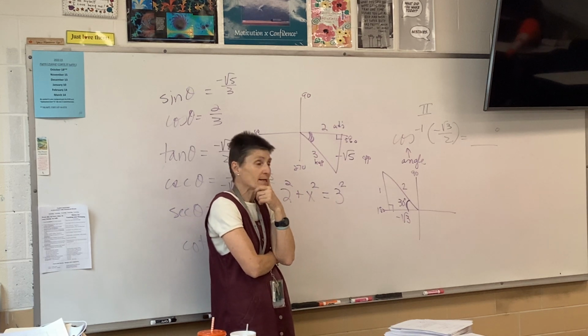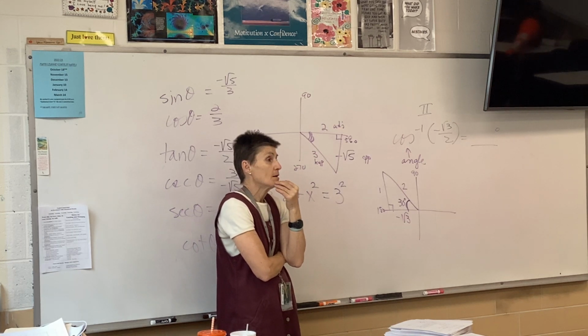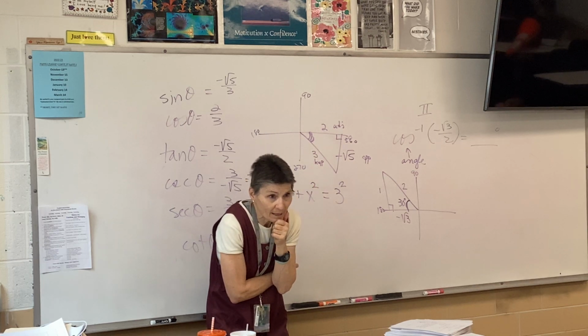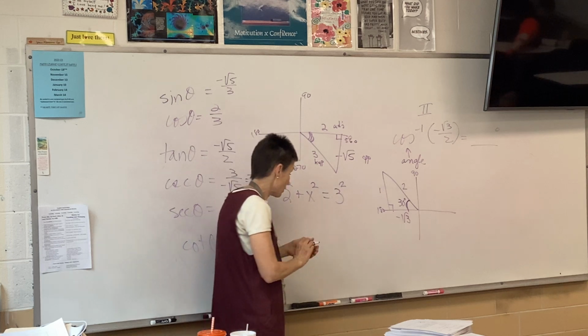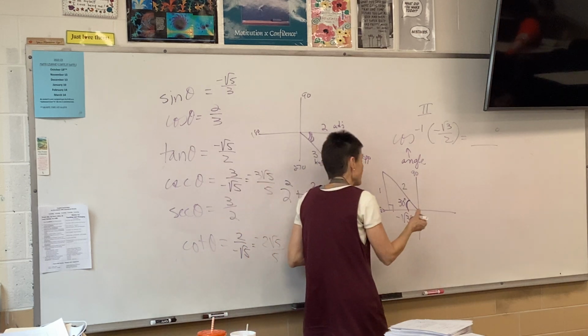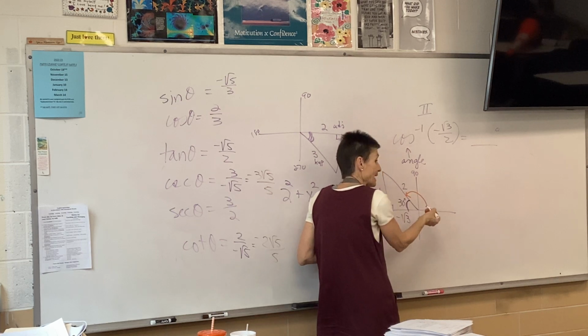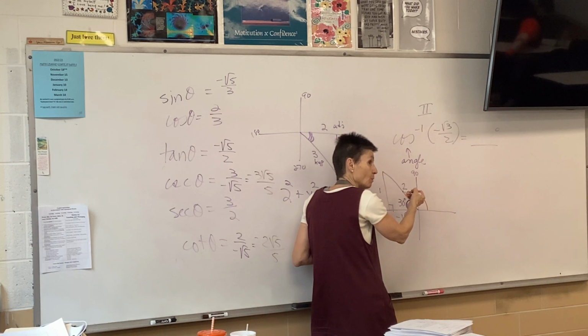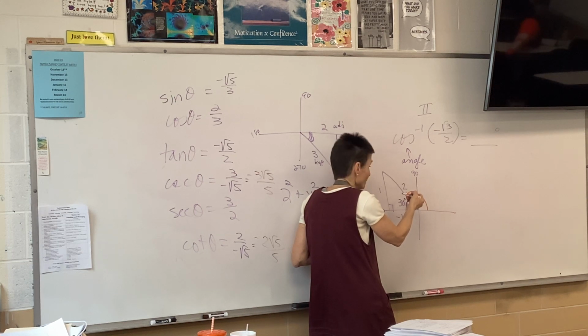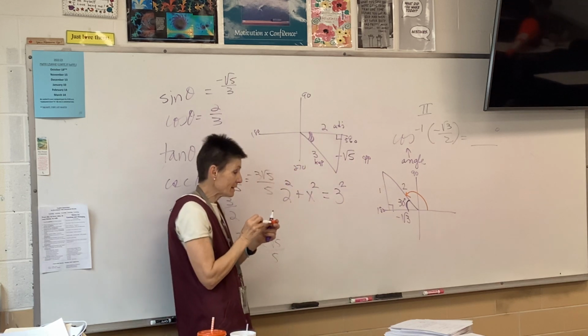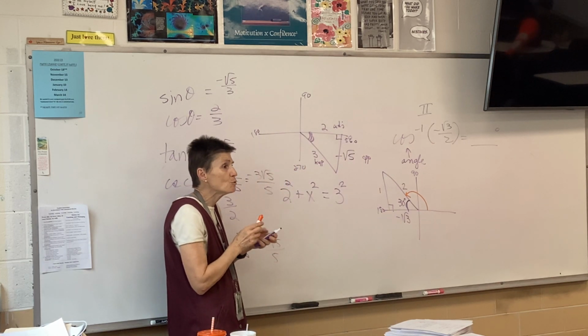But 30 cannot be the answer, because why? It's not bigger than 90. So the answer is going to be the angle that gets me all the way around to the 30 mark. So how big is that orange angle? Use your logic.